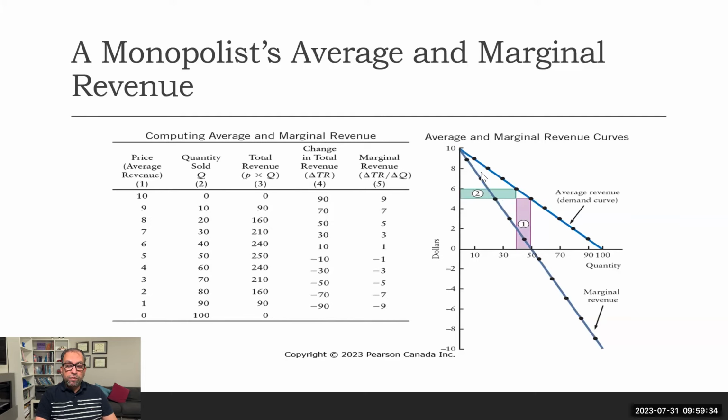If we look at it graphically, this line is average revenue or the demand curve, which, as we discussed before, are equal. Now, the marginal revenue curve is less than the average revenue or demand curve. We see here that this is the marginal revenue curve, and the marginal revenue can be negative as well. So the graph goes into the negative zone as well.